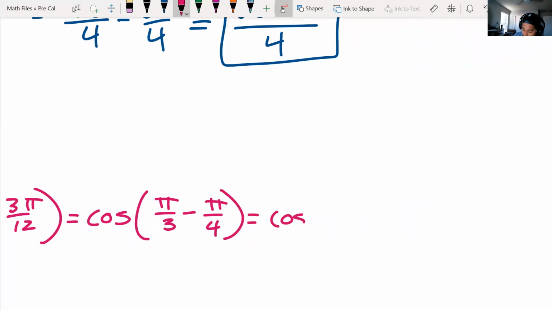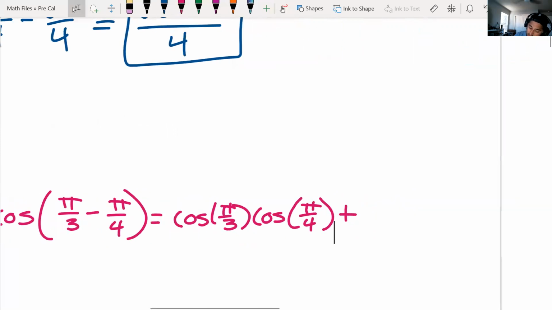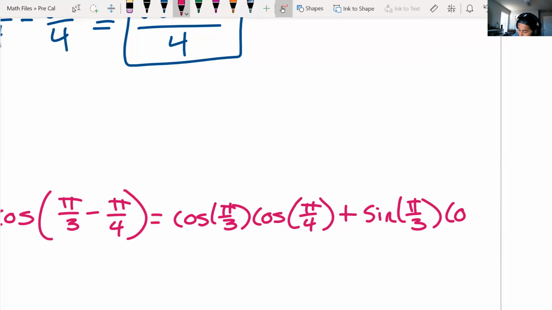So you'll get cosine of pi over 3 times the cosine of pi over 4 plus the sine of pi over 3 times the sine of pi over 4.